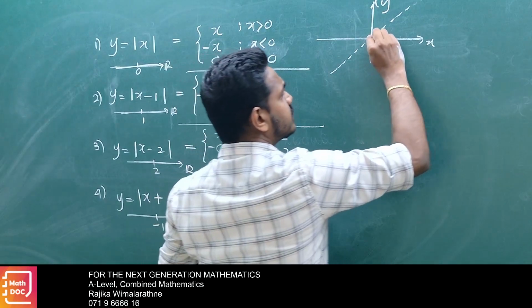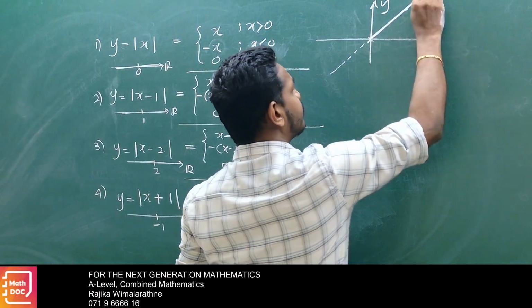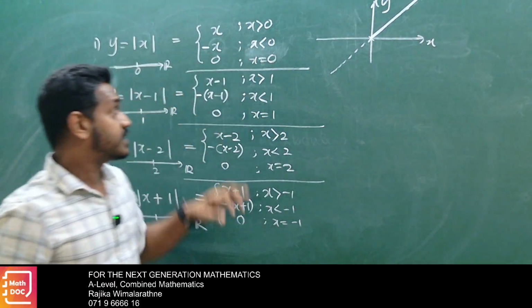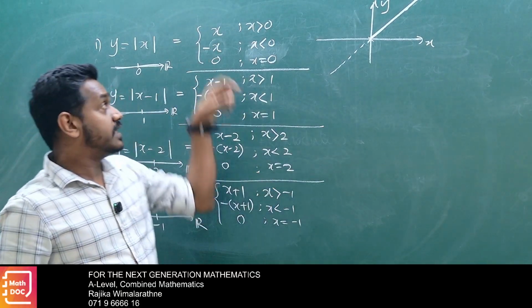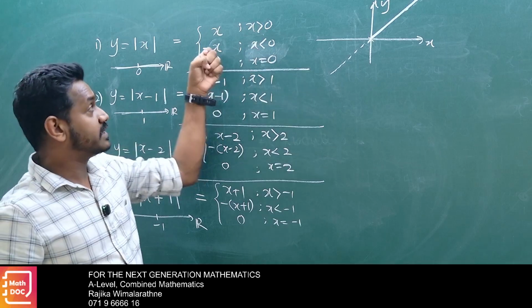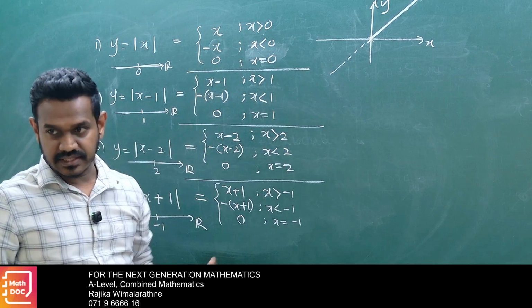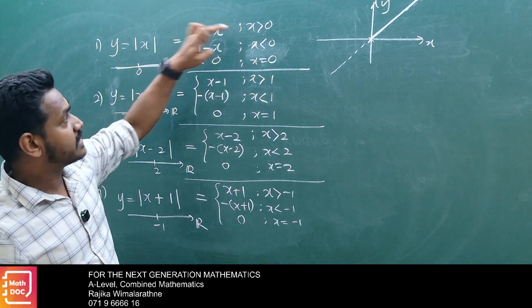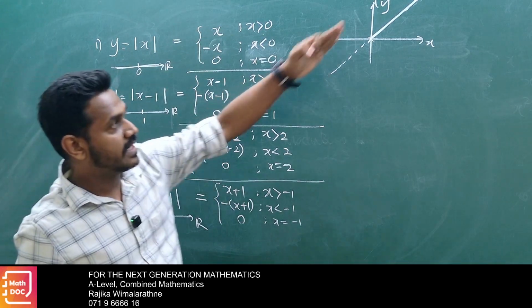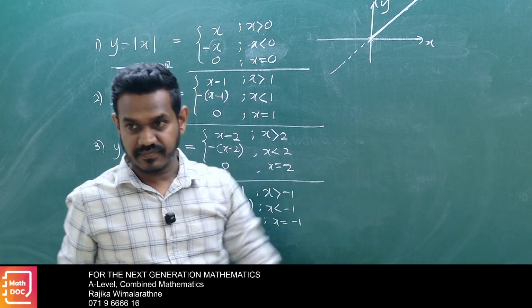Then you take this portion only. This type of graph we call piecewise type. So this piece belongs to this region, and this piece belongs to this region. Likewise, these are piecewise functions. Here y equal x for x greater than 0.